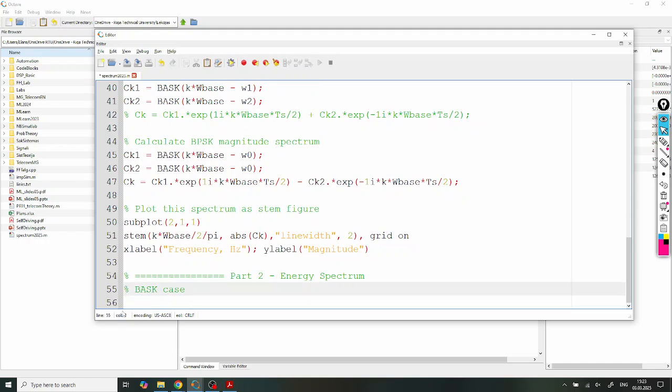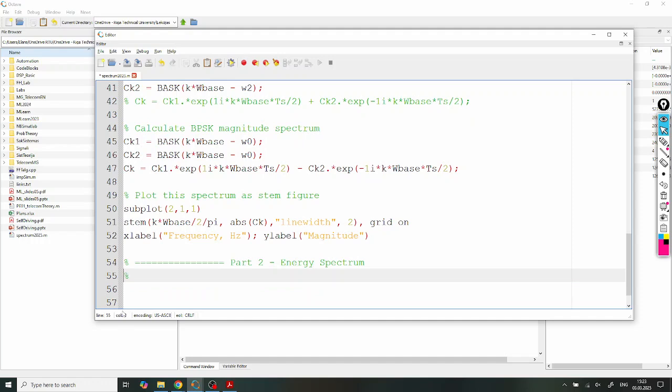actually, regardless of the case, first we specify a continuous frequency range. So with a starting frequency of omega 0 minus k omega base, all the way up to omega 0 plus k.